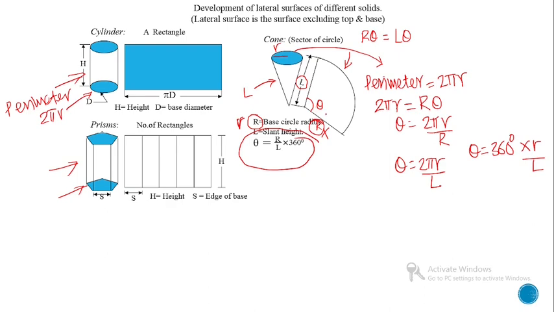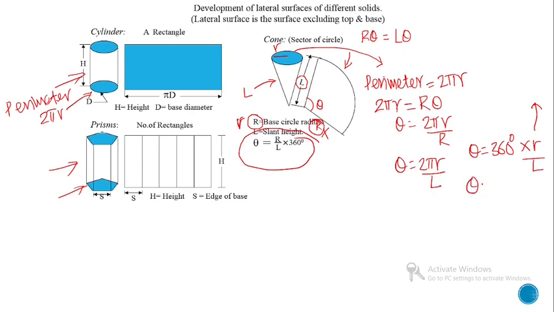But we never use capital R as the length of the generator and the radius of the base circle simultaneously, because this radius is not the same as this radius. We can use different notations: theta is equal to 360 degree into small letter r by L, where small letter r is the radius of the base circle and capital L is the true length of the generator.